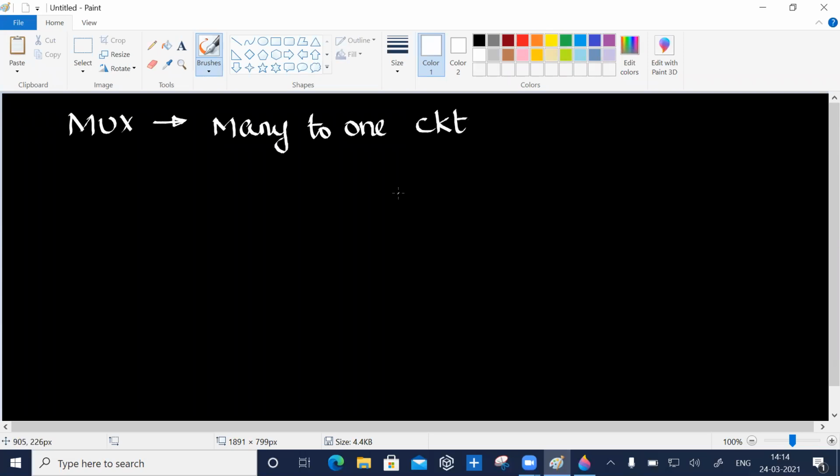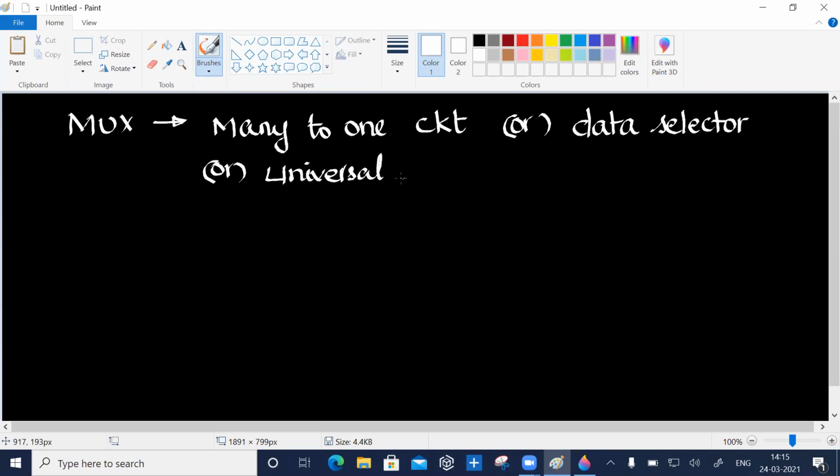You have many inputs and you are connecting one of the inputs to the output. So that's the meaning of many to one circuit. Or sometimes you can call this a data selector, because you are selecting one of the input data. Or, and this is important, you can call this a universal logic circuit.